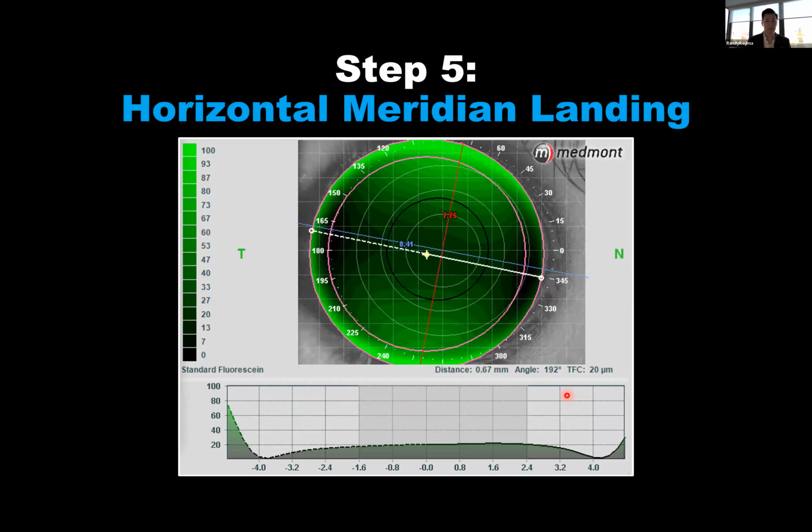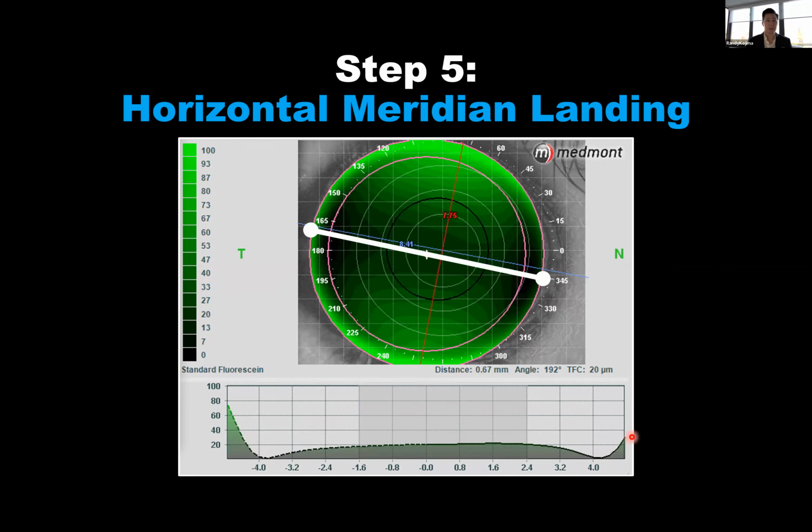Makes it relatively simple. So if we were to build a rigid contact lens for this patient, of course, the landing is going to be heavy along the flattest corneal meridian. You see it landing down at 3 o'clock and landing down at 9 o'clock. So edge lift, landing, apical clearance, landing, edge lift.